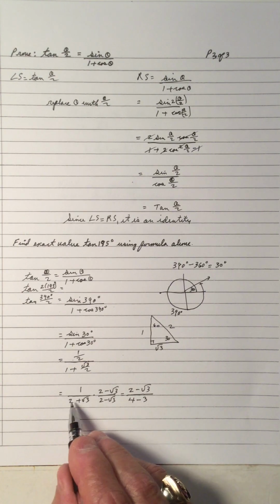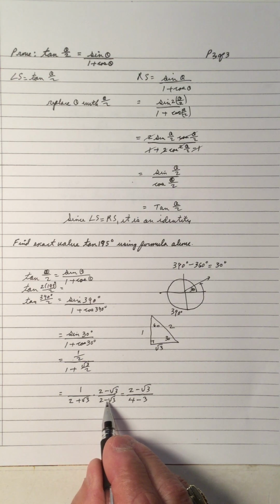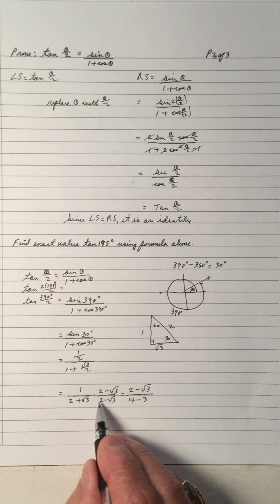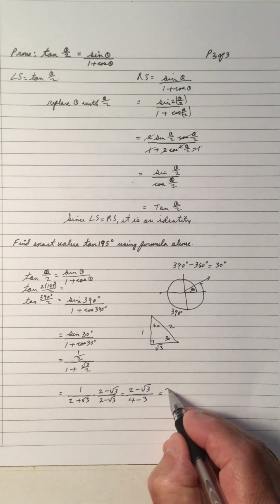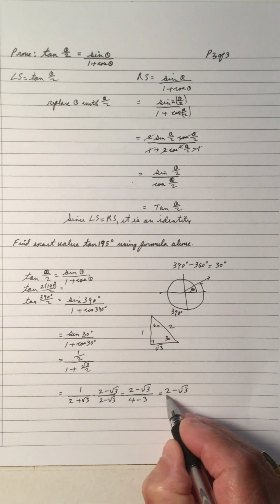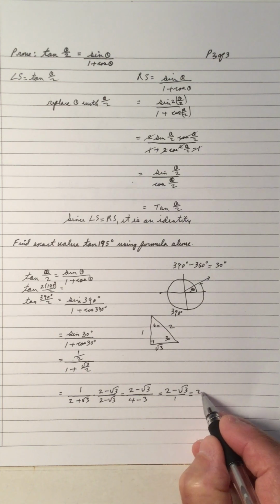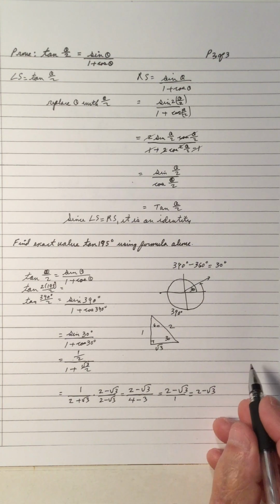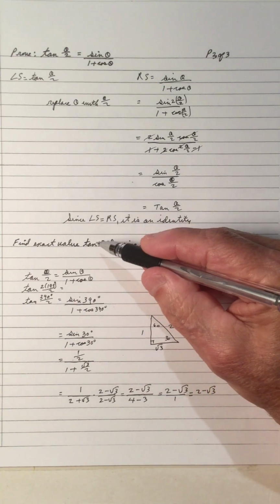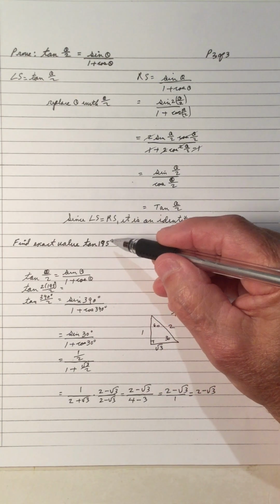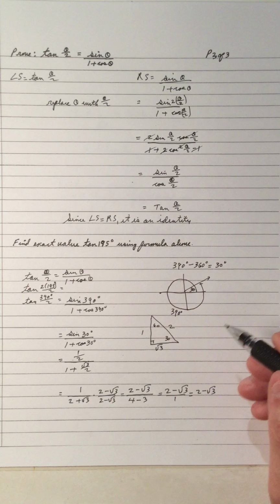I don't have to do the outside-inside on conjugates. If I did, I get negative 2 root 3 plus 2 root 3, which cancel. So that's 2 minus root 3 over 1, which is 2 minus root 3, which is the exact value for the tan of 195.